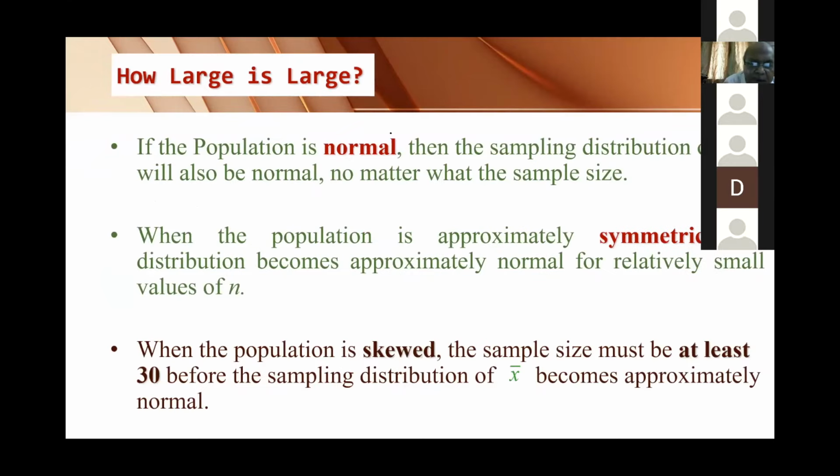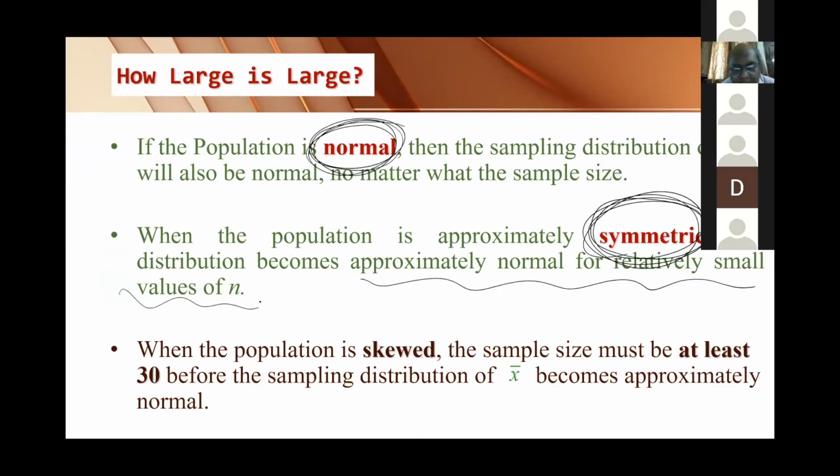If the population is normal, then you need not worry about it. Any sample size which you take, the distribution will also be normal. If the population is approximately symmetric, even a small sample size will give you a normal probability distribution. When the population is skewed, the sample size must be at least 30 before the sampling distribution of X bar becomes approximately normal.